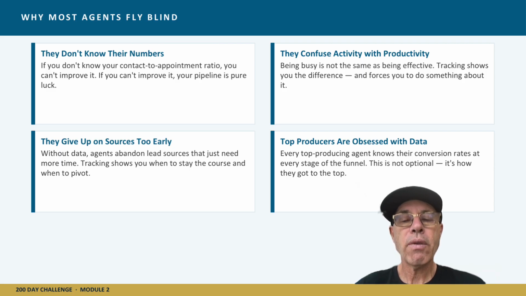And lastly, reason 4, top producers are obsessed with their data. Every high earning agent I've ever studied knows their conversion rates at every stage of the funnel. This is not coincidence. Data is how they got there and how they stay there.